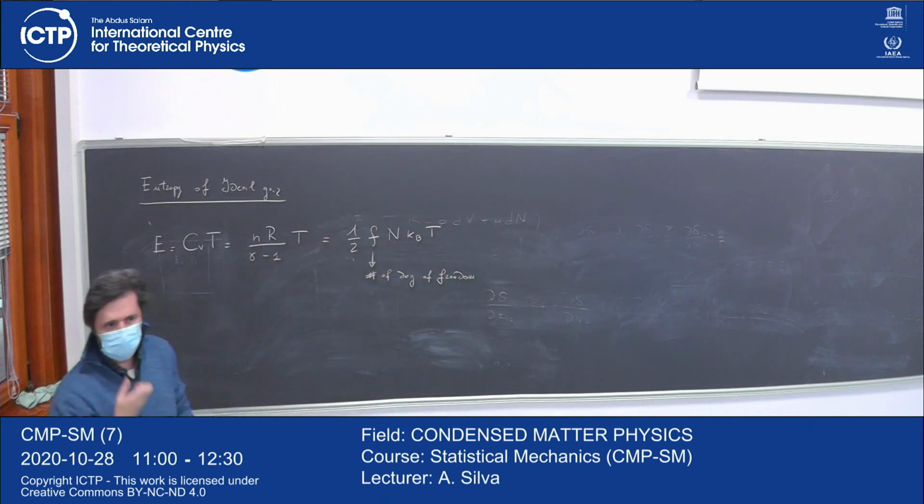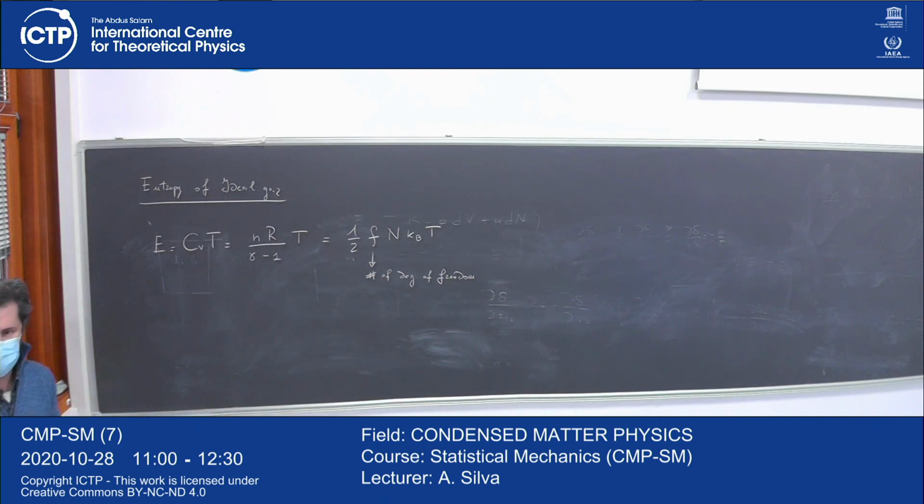This is called the equipartition theorem. And it's valid for classical systems with quadratic Hamiltonians, which at most contain a p squared and an x squared, and nothing else.